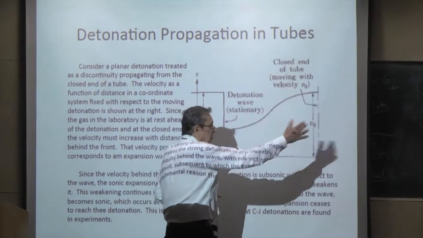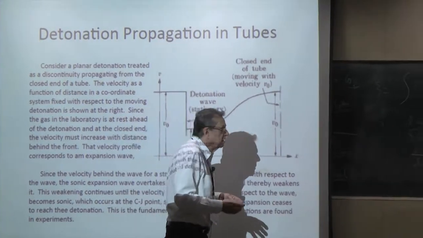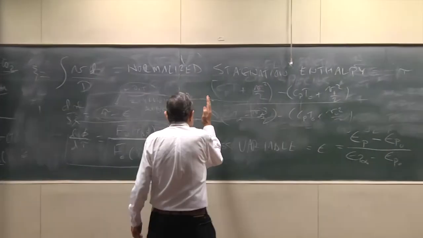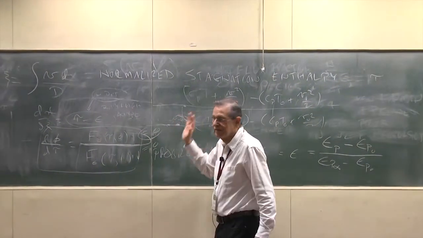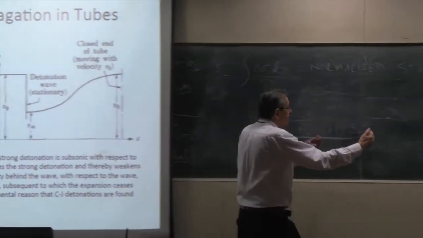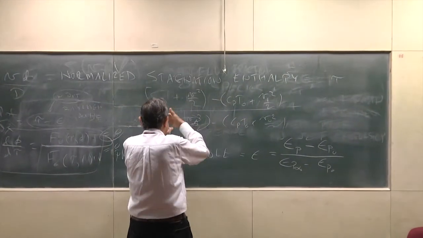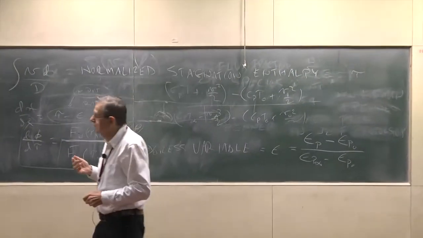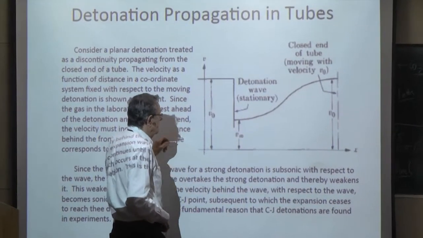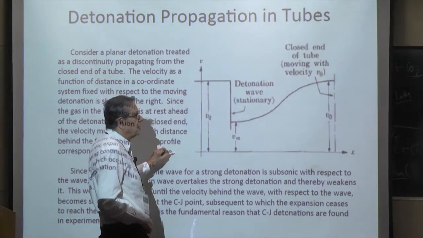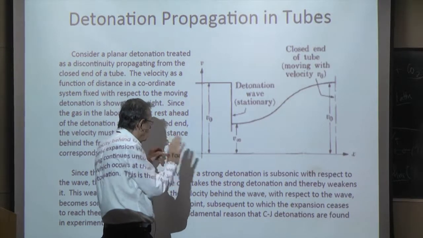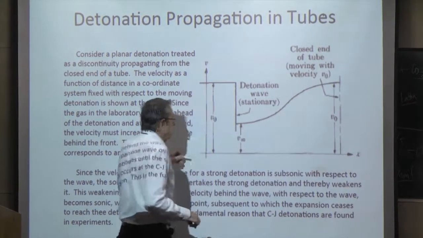So let me look at detonation propagation in the tube, but let me look at it in a coordinate system in which I'm moving with the wave. Okay. So in that coordinate system, the gas ahead is moving into the detonation at velocity v0. So this is upstream from the detonation as seen from the detonation, and this is downstream from the detonation.